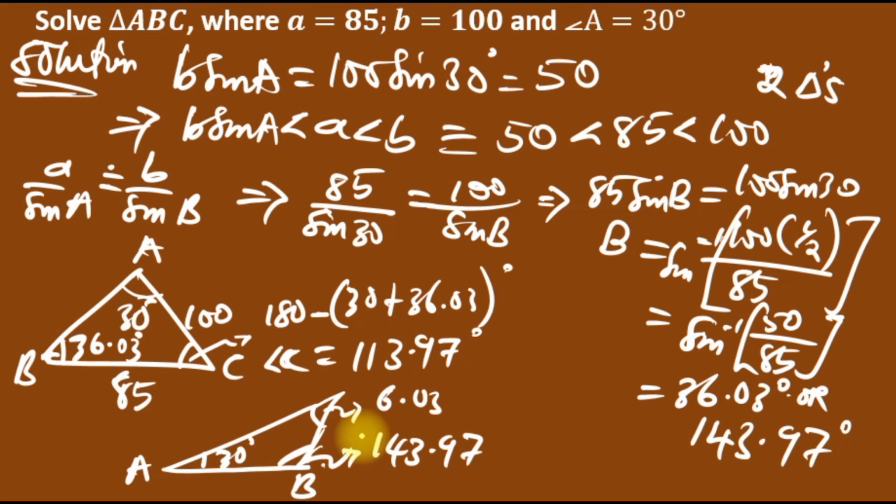So our main aim is now to get, because remember we are given 85 here and we are given 100, so we need to find side c, this small letter c. So we also use sine rule.